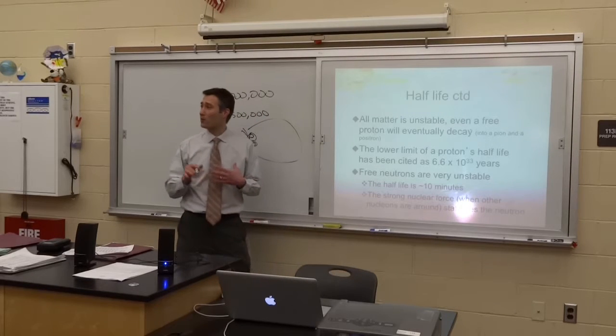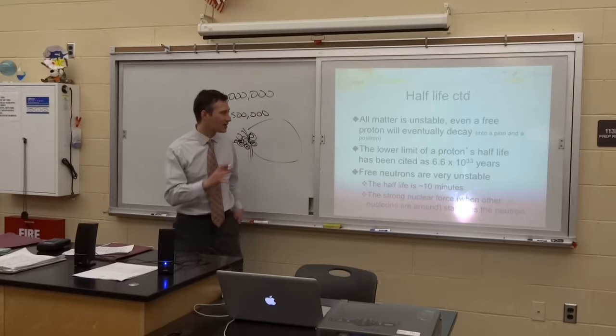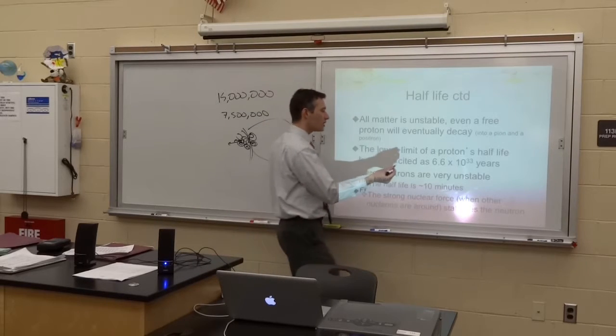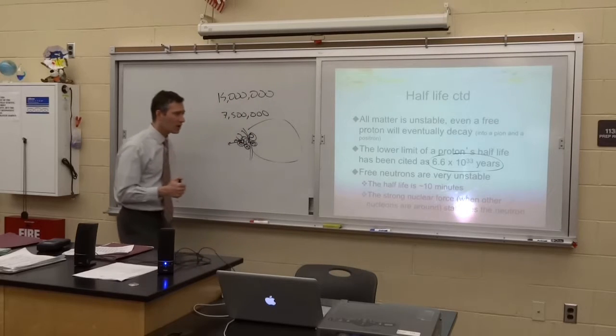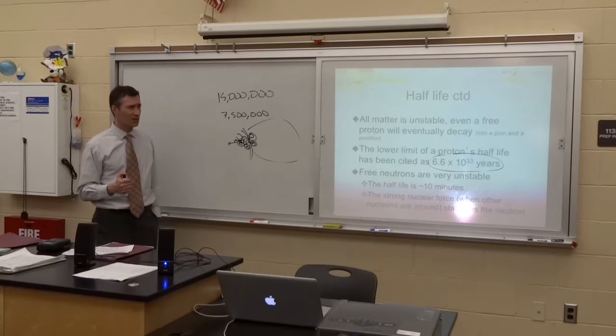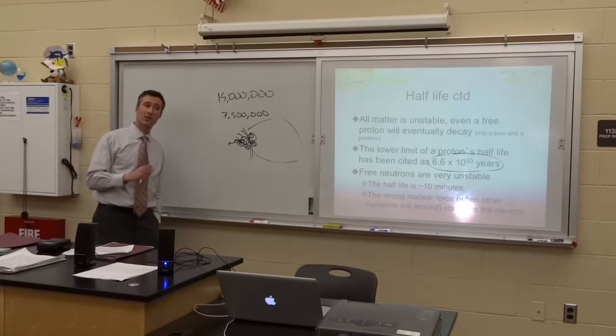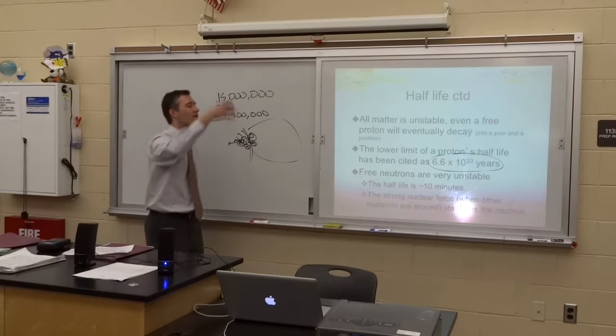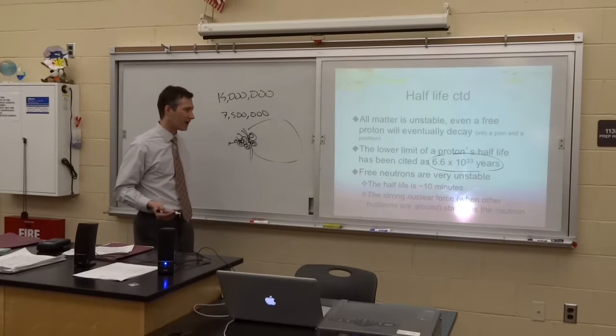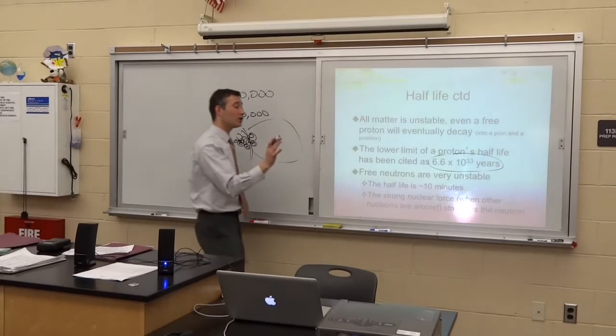So stable that we don't have a great grasp on its half-life, but we're talking something like 10 to the 33rd years. The age of the universe is like 10 to the 10th years, so that's like the age of the universe cubed, for half of the protons in the universe to decay. So a proton actually is quite stable.